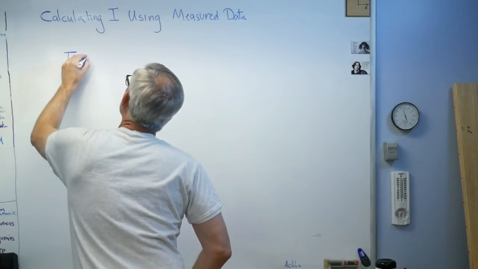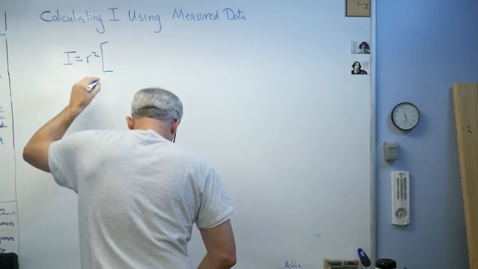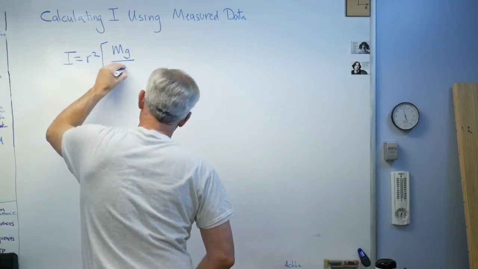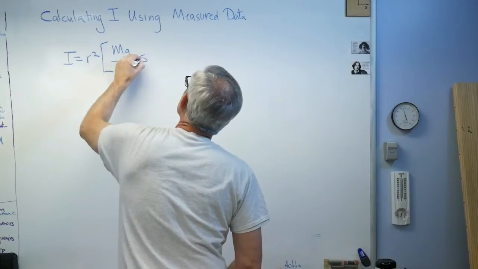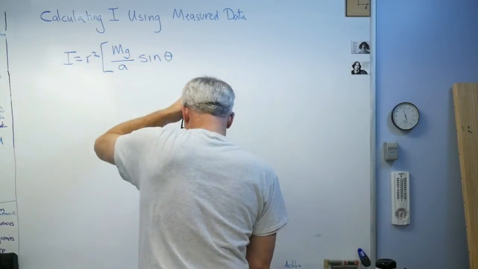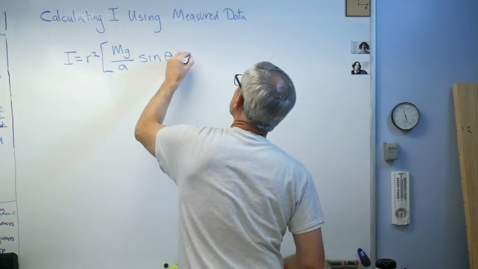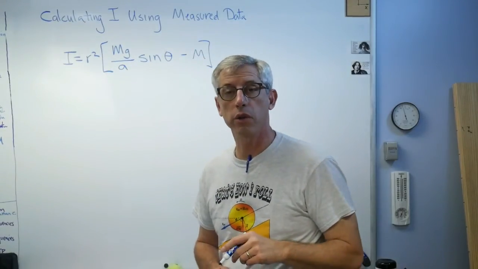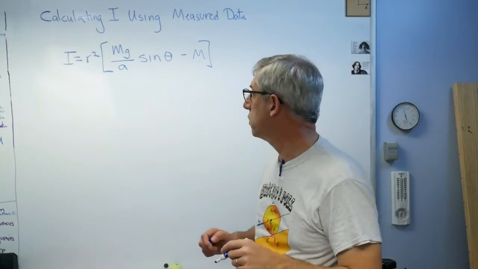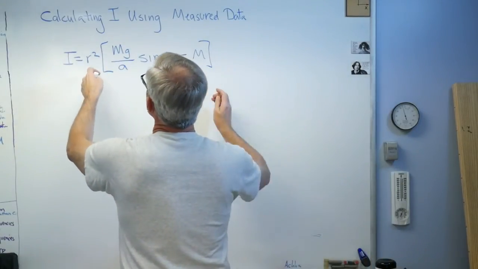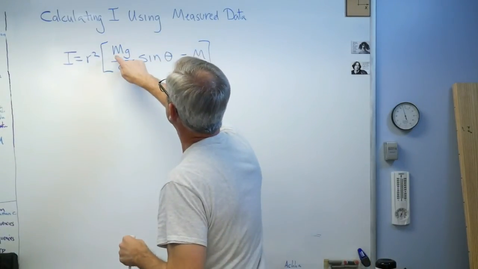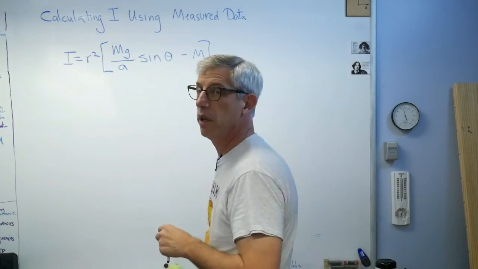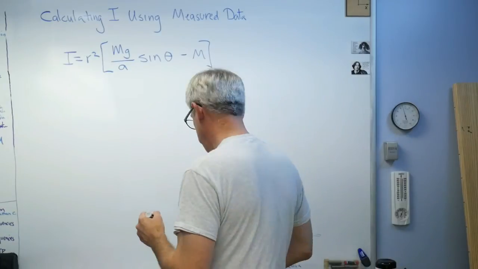I equals r squared, mg over a sine theta minus m. Now, the units for mass moment of inertia are going to be kilogram meter squared. Kilograms, then acceleration over acceleration cancels out. That's unitless. That's kilograms. We're in business.